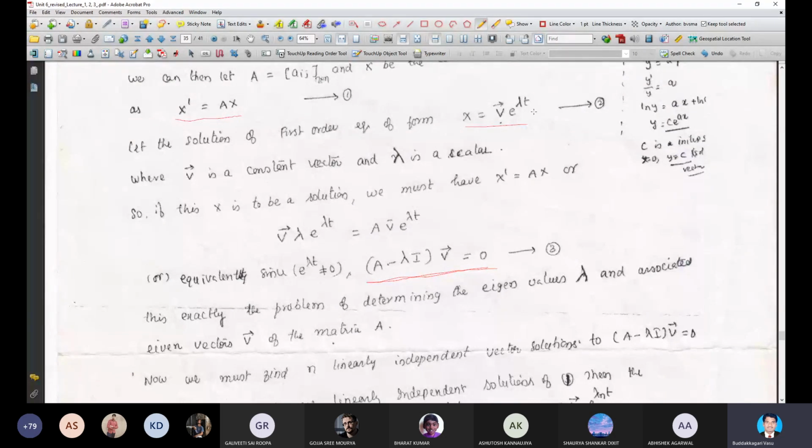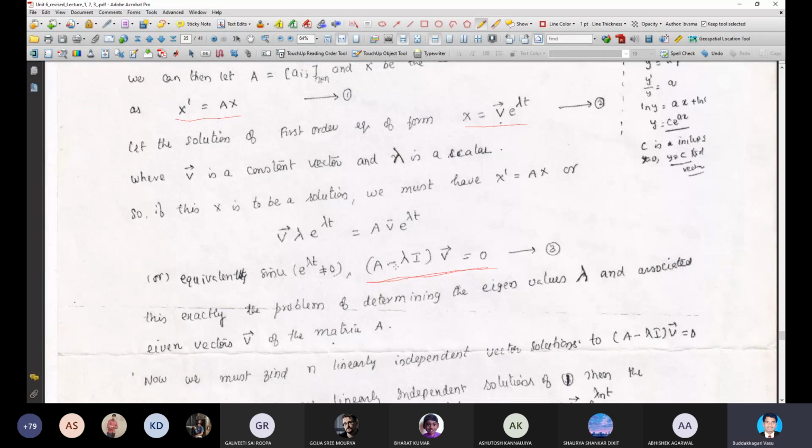This statement describes a non-zero solution: v bar is the eigenvector corresponding to the eigenvalue lambda, right? This is the eigenvalue problem. This is exactly the problem of determining the eigenvalues lambda and corresponding eigenvectors v bar of the matrix A.